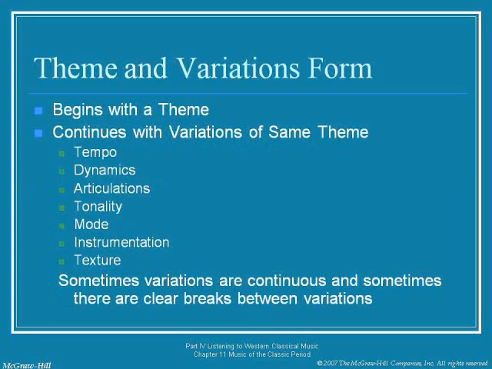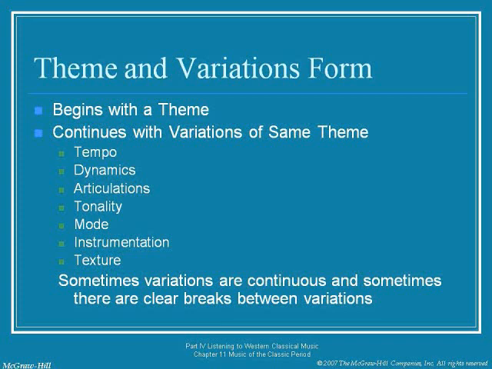Alright, theme and variations, pretty easy to follow just by its name. It's usually used as the second part of a larger form, like a symphony or orchestral work. It's usually the second movement. And all it really is is a primary theme that has variations written upon it.